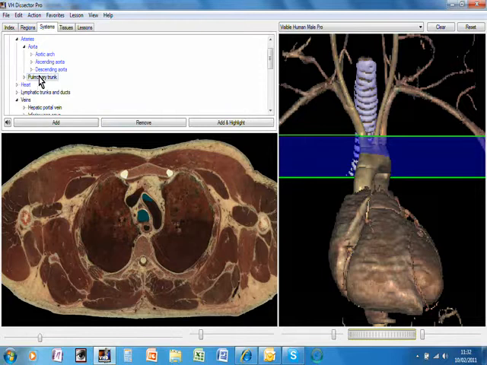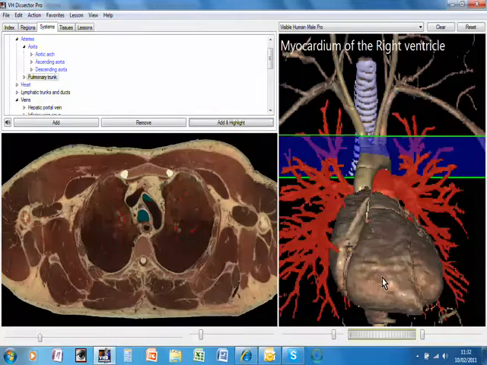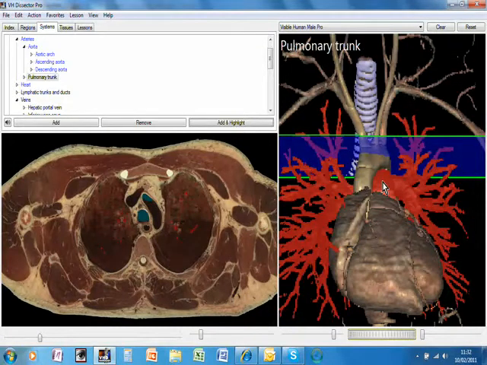We're now going to add in the pulmonary trunk. The pulmonary trunk, highlighted in red here, is receiving deoxygenated blood from this chamber of the heart, from the right ventricle. Deoxygenated blood flows out into the pulmonary trunk, which then divides into the right and left pulmonary arteries on either side.